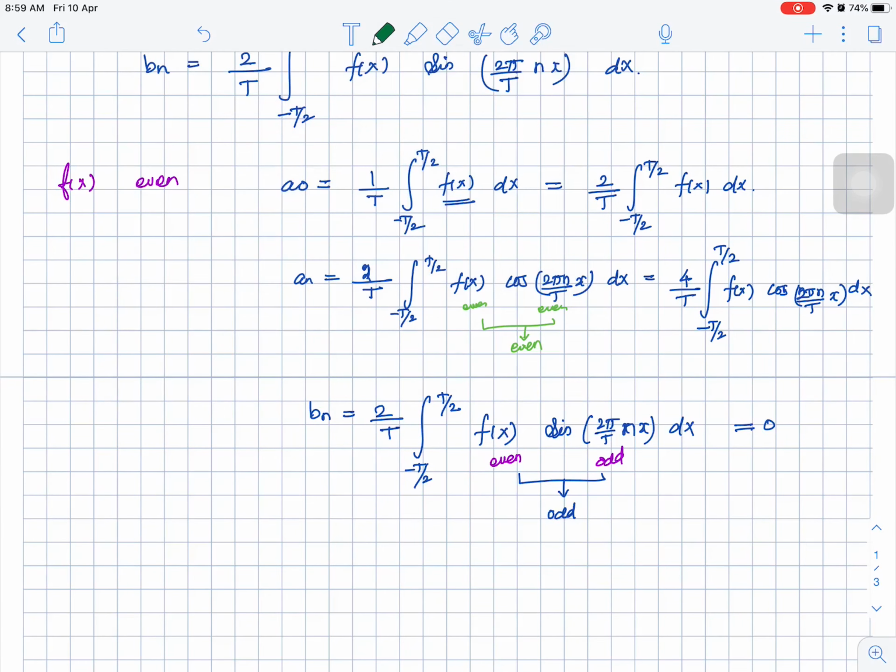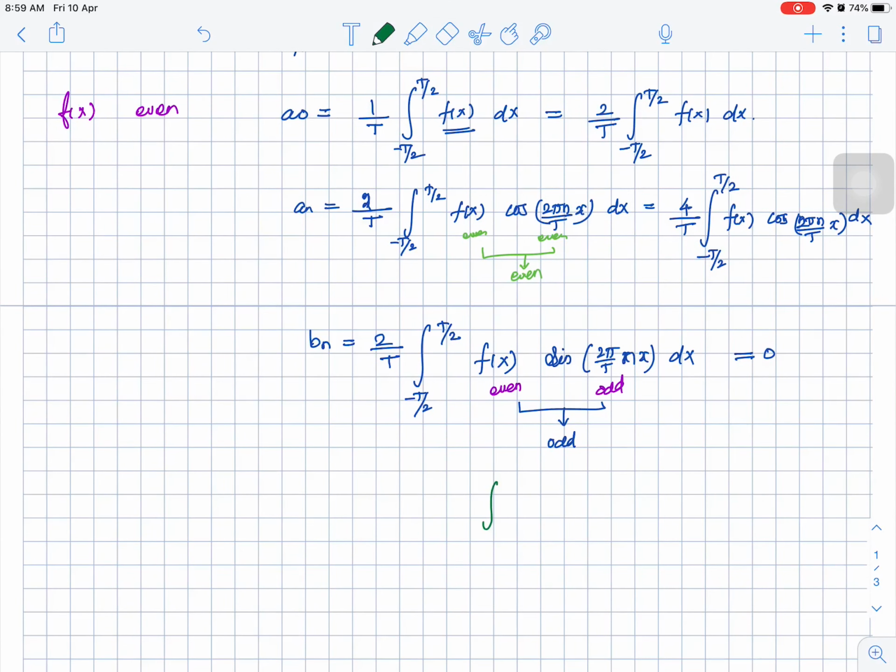Why will this be 0? Because the integration of an even function from minus T to T dx produces 2 times the integral from 0 to T of the even function.